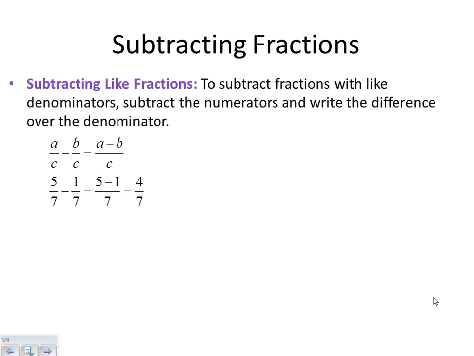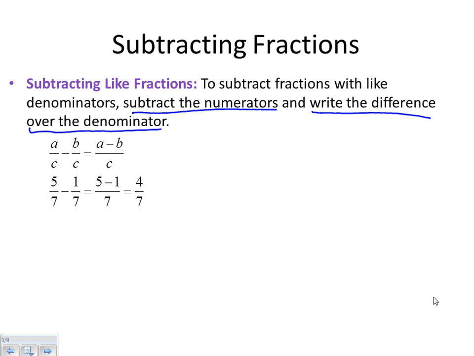Now, subtracting fractions is pretty similar. Please take a moment to go ahead and get this copied. Pause me as you copy. Subtracting like fractions is similar in the sense that with like denominators, I can just subtract the numerators. Once I subtract the numerators, we write the difference over the denominator.